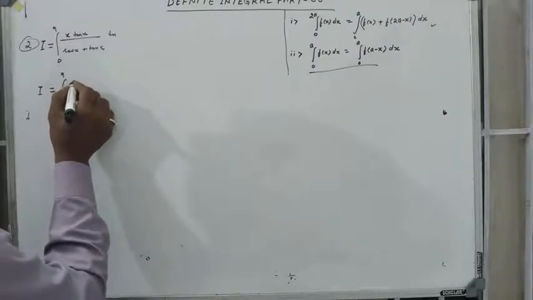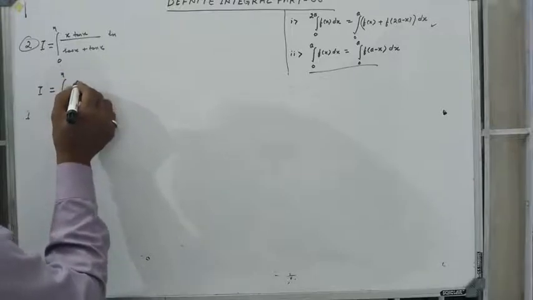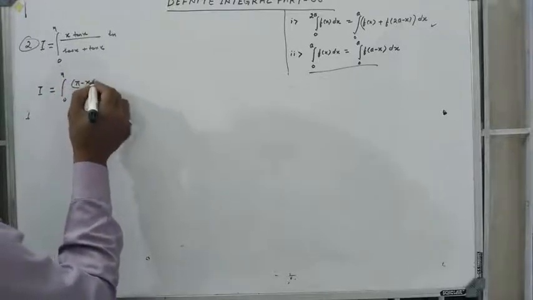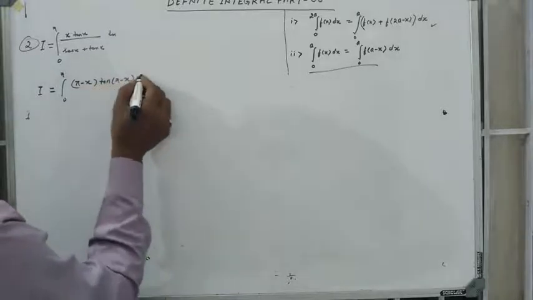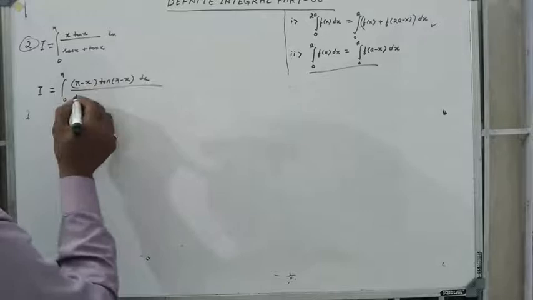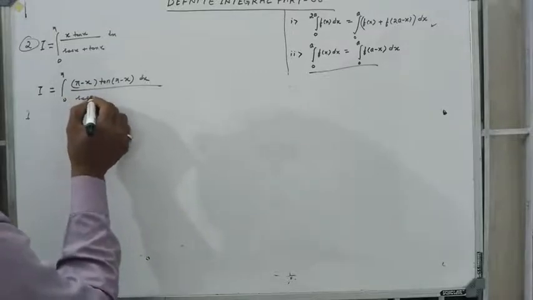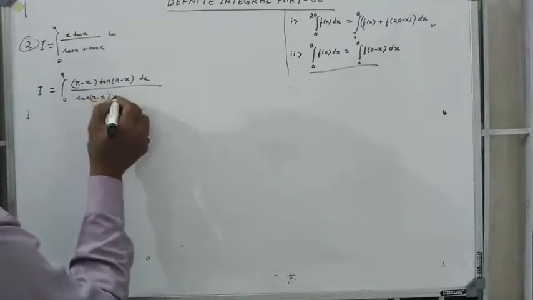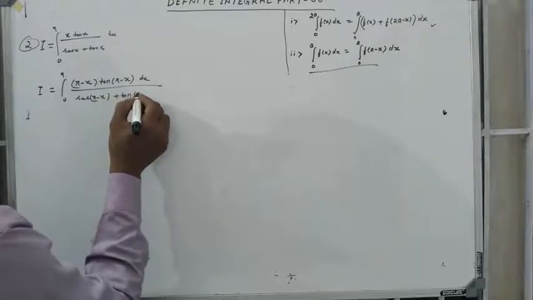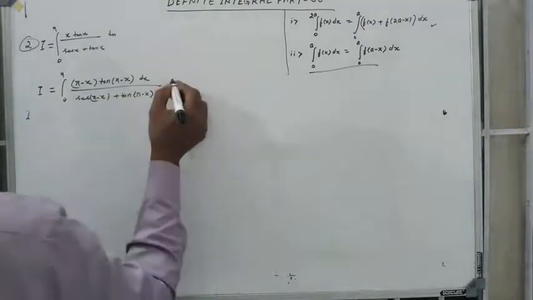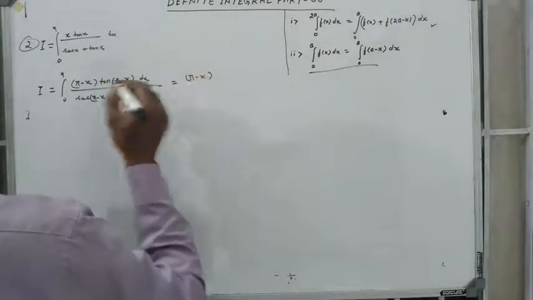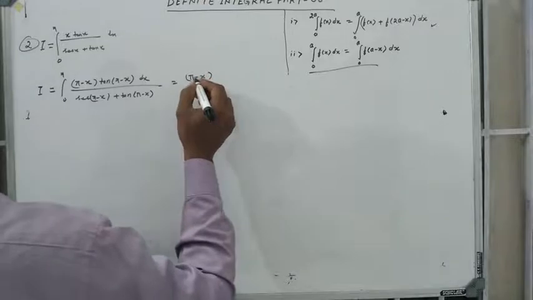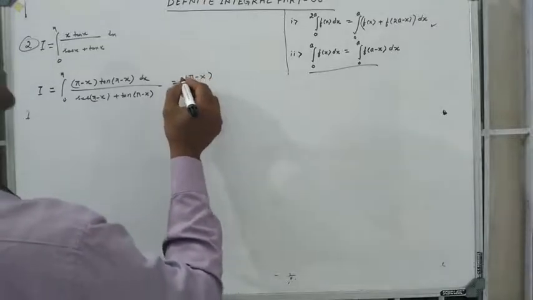So f of a minus x, x will be replaced by pi minus x, then tan of pi minus x dx divided by sec of pi minus x plus tan of pi minus x. So pi minus x, and tan of pi minus x is minus tan x.